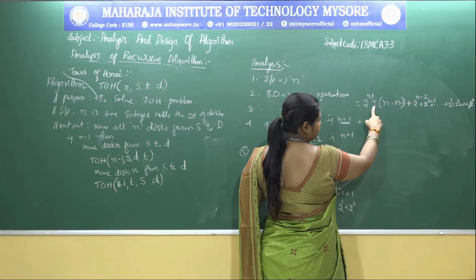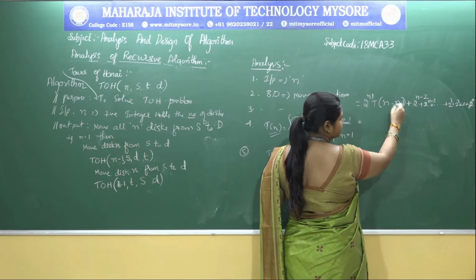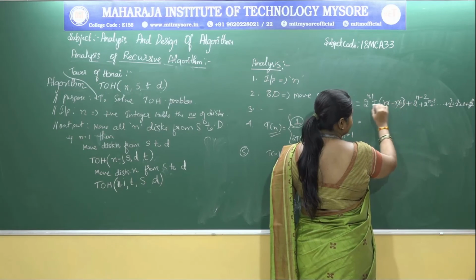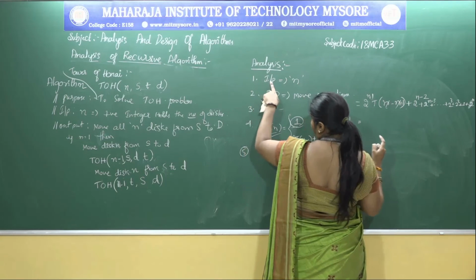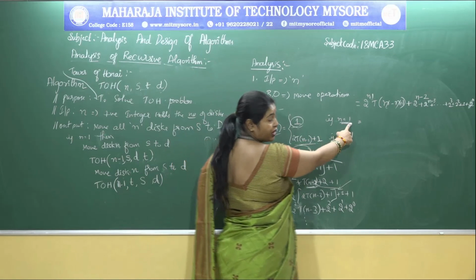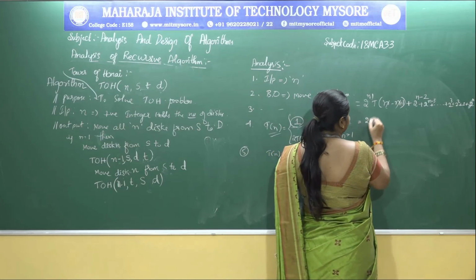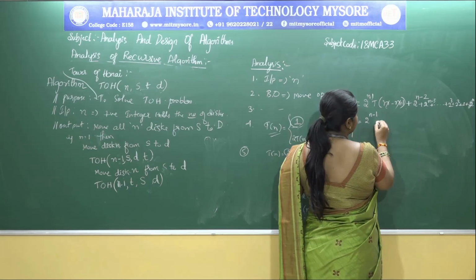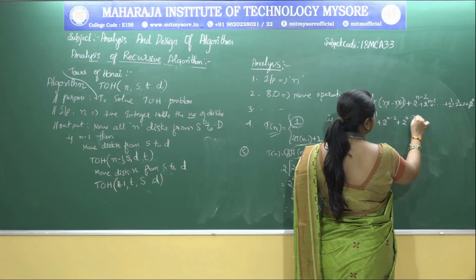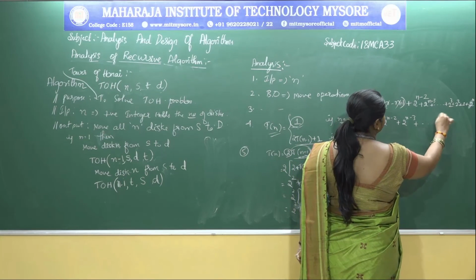So here T(n-n) gets cancelled. So T(1) is 1 if n is equal to 1. We know that. So 2 to the power of n minus 1 plus 2 to the power of n minus 2 plus 2 to the power of n minus 3, and so on, up to 2 to the power of 0.